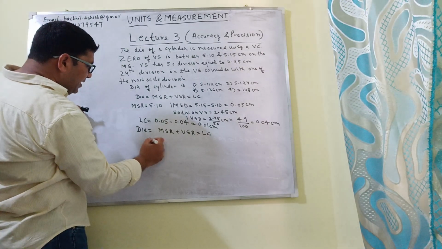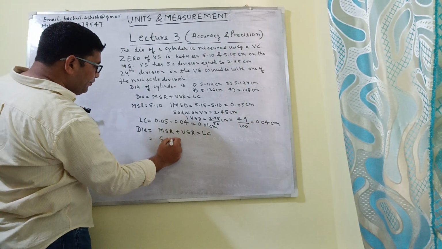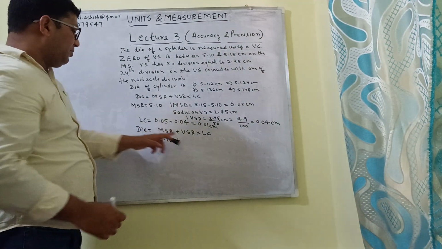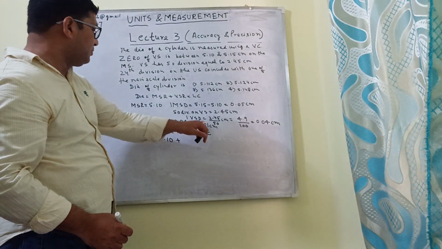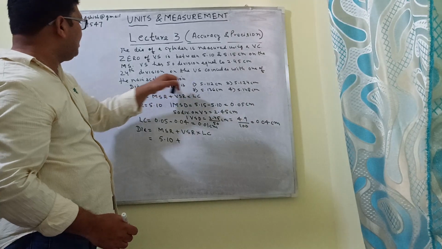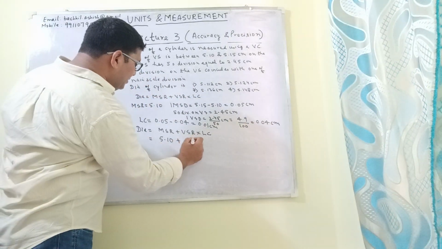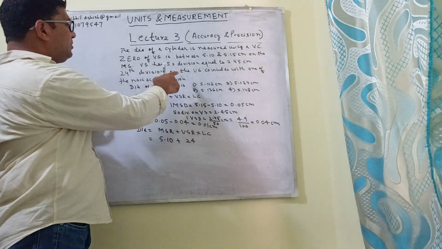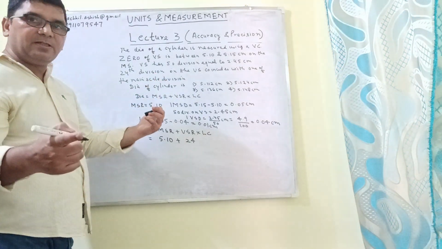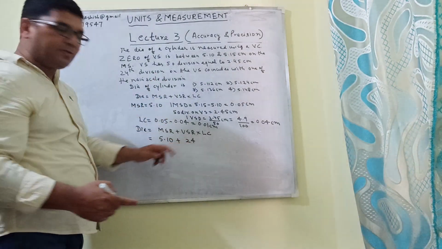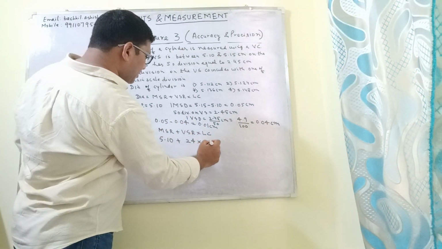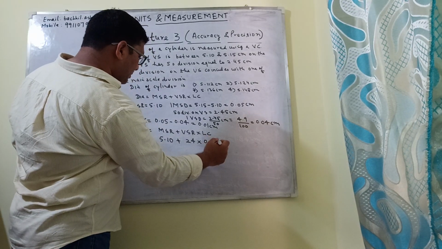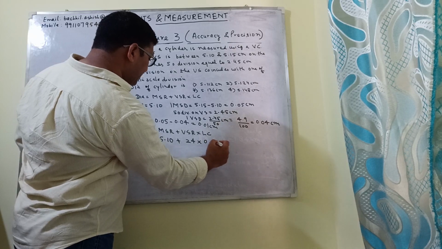सो डायमीटर कितना हो जाएगा मेरा 5.10 प्लस वर्नियर स्केल रीडिंग कितनी है मेरी, दैट इज इक्वल टू 24. That is 24th division is coinciding with one of the main scale division. So VSR will be equal to 24. Least count मेरा आ गया which is equal to 0.01. ये आपको समझ गया.